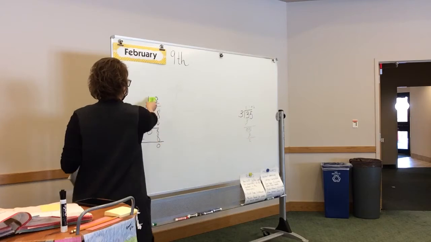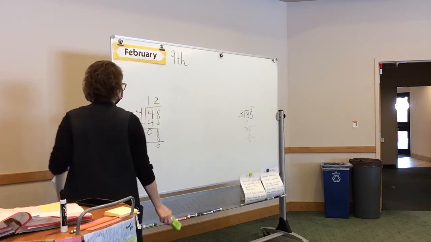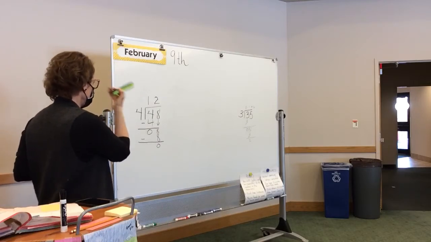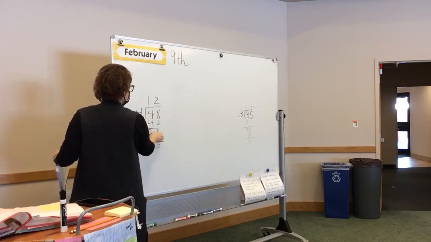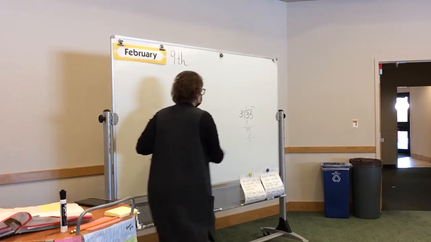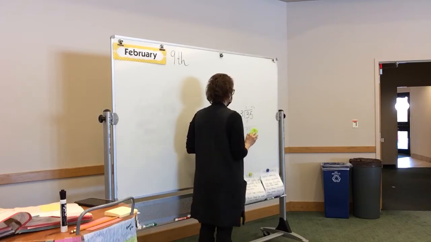So everybody, 1 times 4 is 4. Minus 4 is 0. Take the 8 down. How many times does 4 go into 8? 2. 2 times 4 is? 8. And then you subtract 8 and you get 0. Correct. No remainders. Now this one does. So, how many times does 3 go into 3? 1.